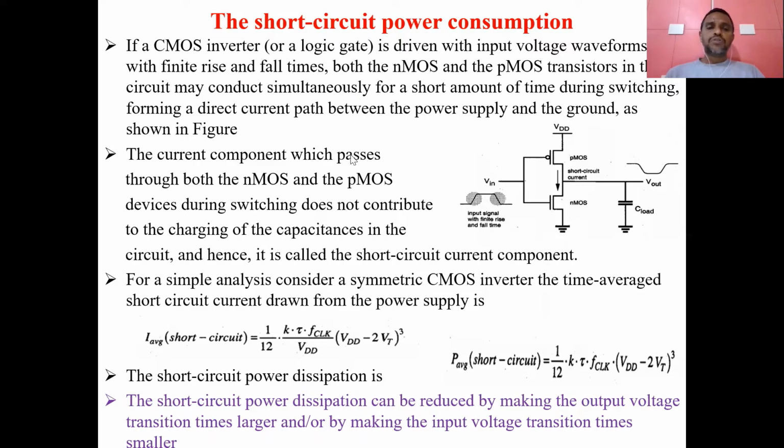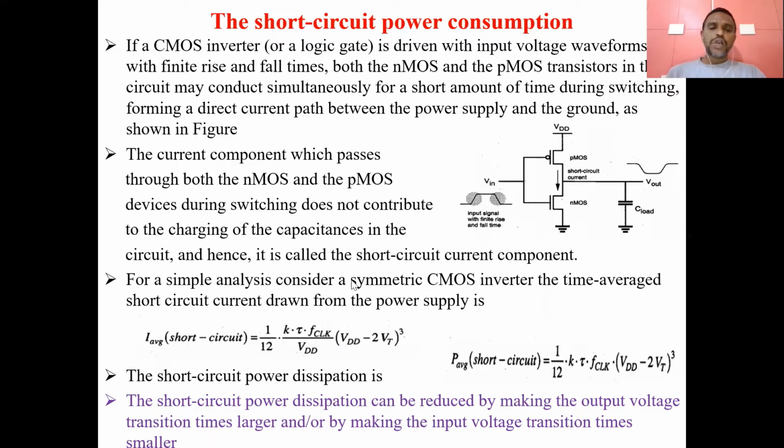The current component which passes through both the NMOS and PMOS devices during switching does not contribute to charging the capacitance. Instead, a direct path is established between VDD and ground. That is called the short circuit current component.